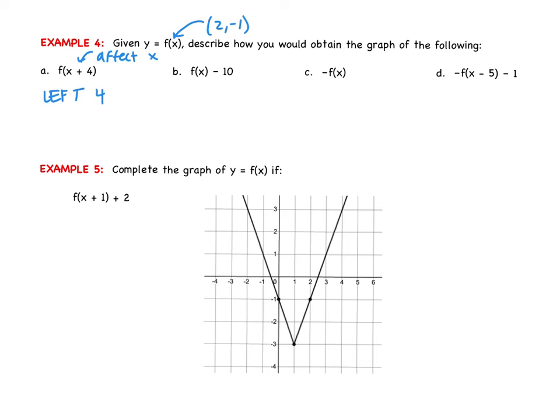Well, that +4 affects x, and it moves x 4 points to the left. So if we're at 2 and we go 4 to the left, that would be the point -2, -1. Y is unchanged. Your homework could ask for one or the other. In general, how do we get the graph versus how does that one specific point change?